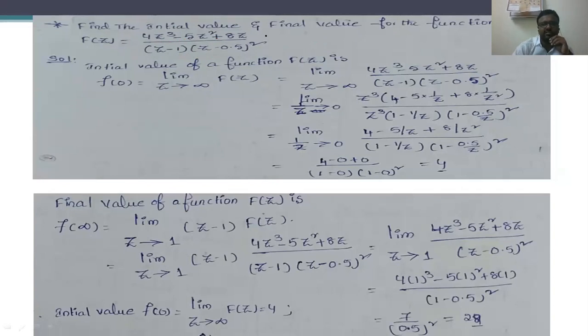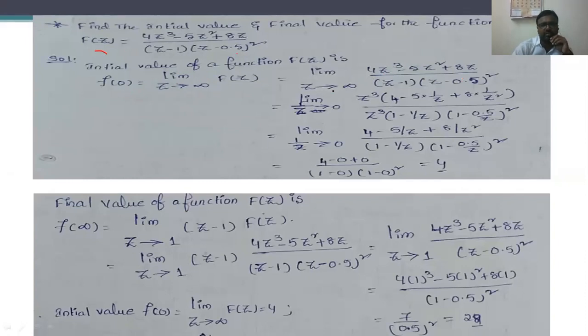The initial value theorem is represented by f of 0. For f of 0, we have to substitute z equal to infinity in F of z. Therefore, f of 0 is equal to limit z tends to infinity of F of z, that is, limit z tends to infinity of 4z cube minus 5z square plus 8z divided by z minus 1 into z minus 0.5 whole square.